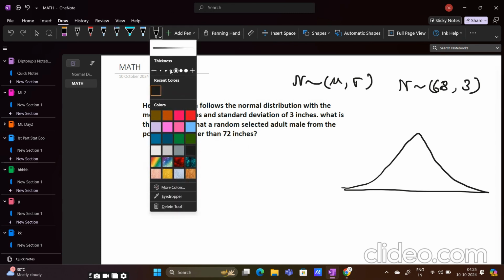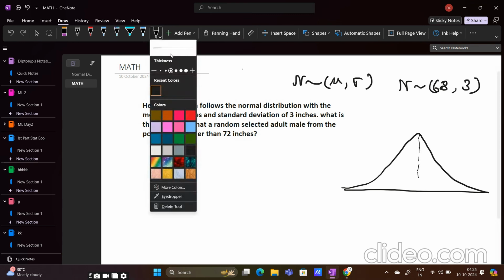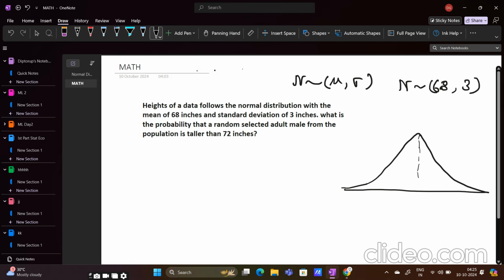Now, this is our mean of the normal distribution, that is 68 inches. Sigma is going to tell us the spread. Suppose this is mu minus 1 sigma, that is 65.